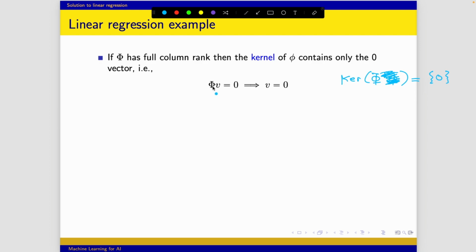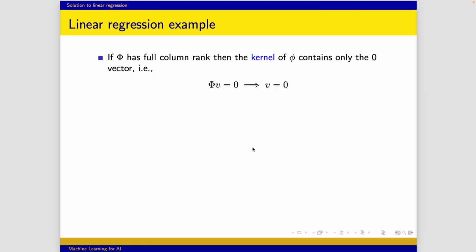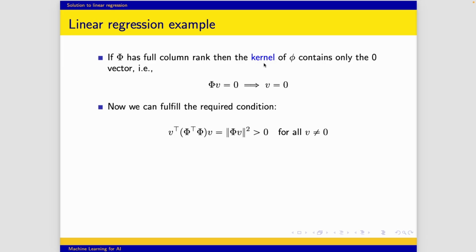There's only one vector that phi sends to 0, and that's the 0 vector. And that is the condition we require for invertibility, or equivalent to invertibility, that the kernel is the trivial subspace of only the 0 vector. So kernel, if you watch the linear algebra videos, is a way of characterizing loss of invertibility, loss of injectivity to be precise, which is why we lose invertibility in that case.